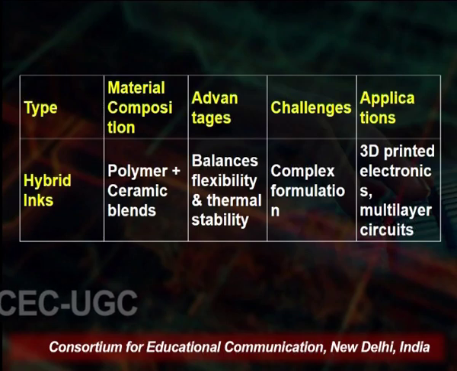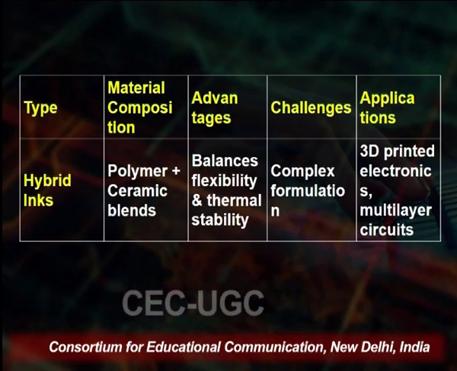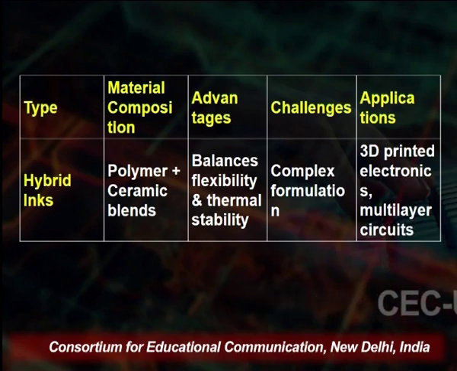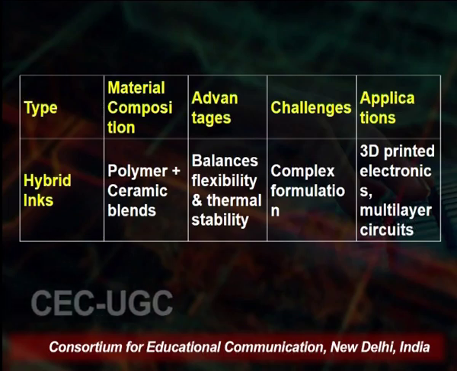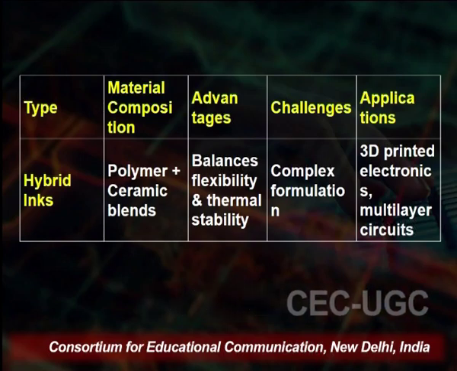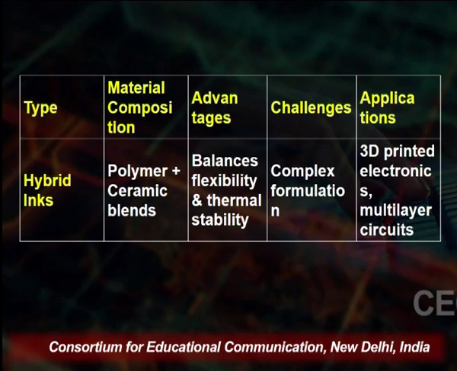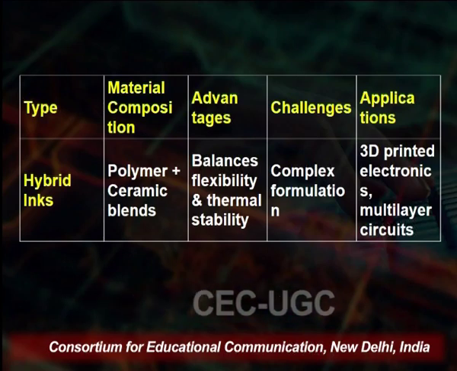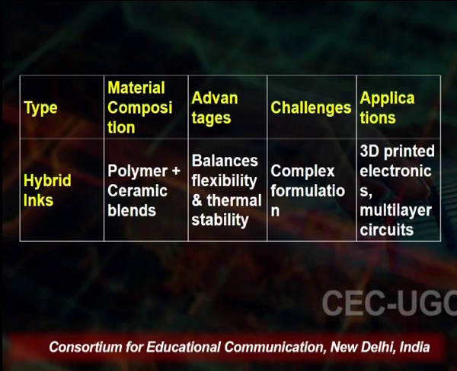So another type is the hybrid, where we just mix the polymer as well as the ceramic blends. This is the type of hybrid ink where we just mix the polymer as well as the ceramic. Moreover, the advantage is that it balances the flexibility and the thermal stability.